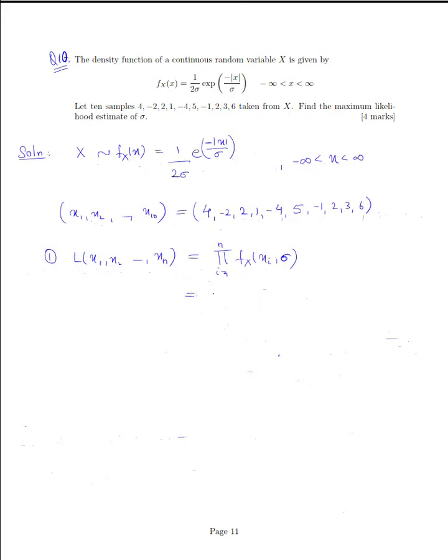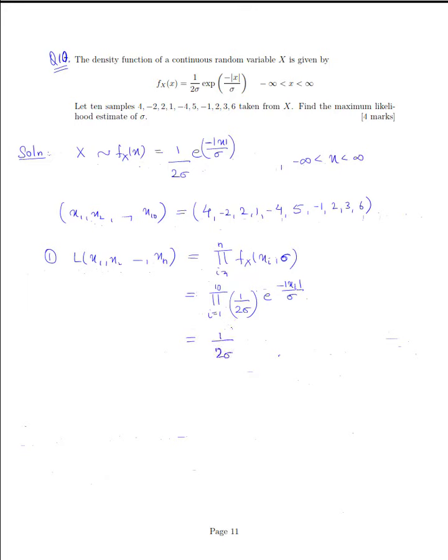This likelihood function becomes product of i varying from 1 to 10, 1 upon 2 sigma e to the power minus of mod of xi by sigma. This 1 upon 2 sigma we can take out.